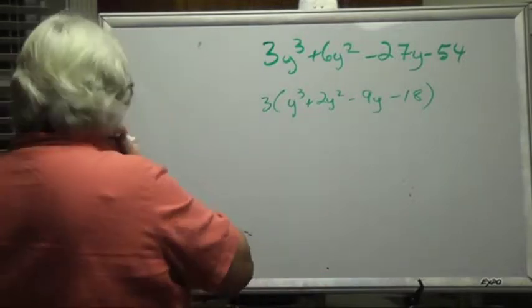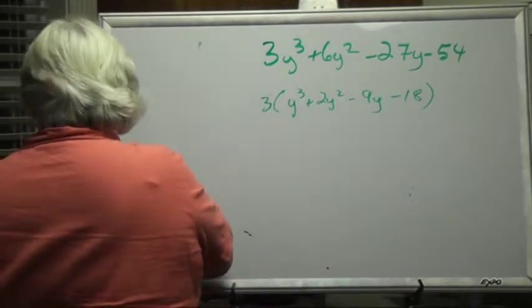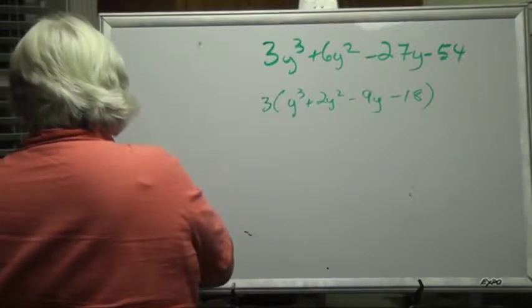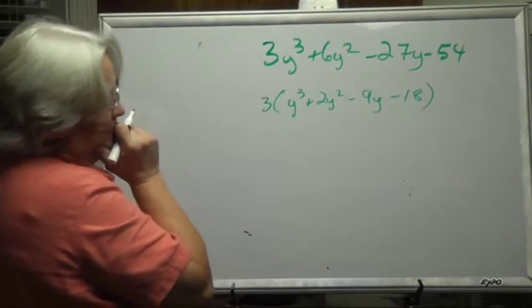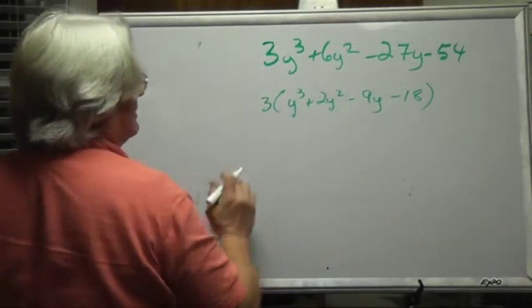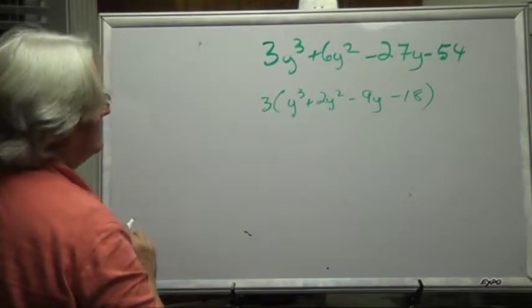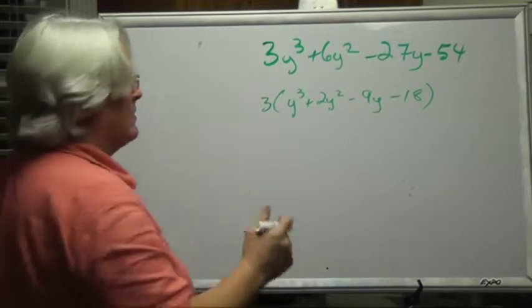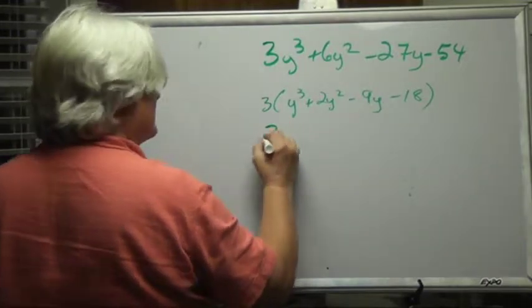I think that is what we have. Now, let's group the terms together. We already have a factor here. How do I want to do this? Well, I see that 9 and 18 have a common factor of 9, so we still have that 3.